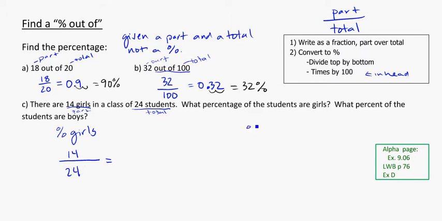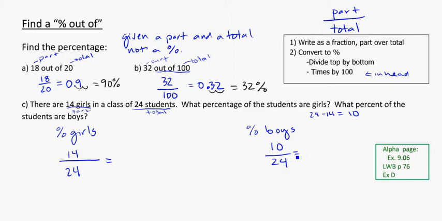And for the percentage of boys, writing it as a fraction first, well, if 14 of the 24 are girls, 24 minus 14 is going to get us 10. That means 10 out of the 24. The other half are boys.